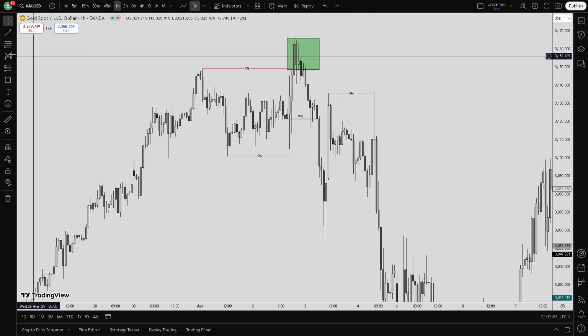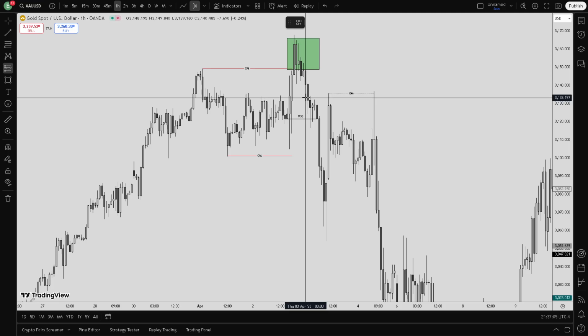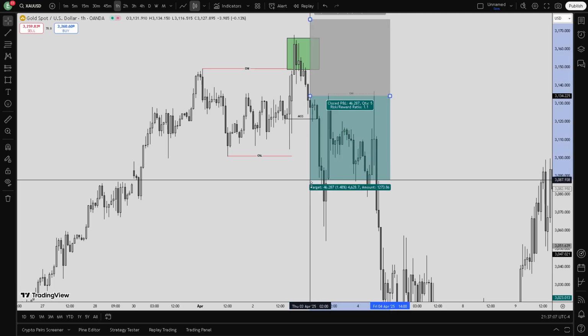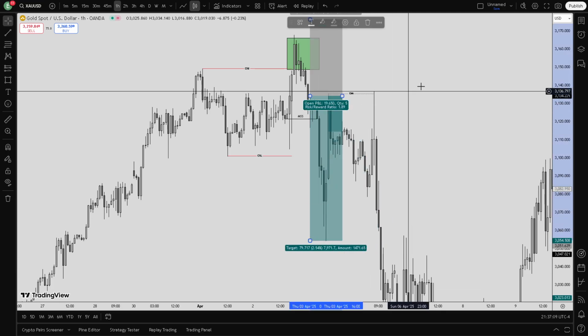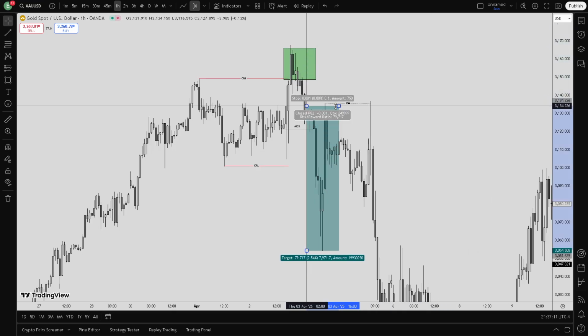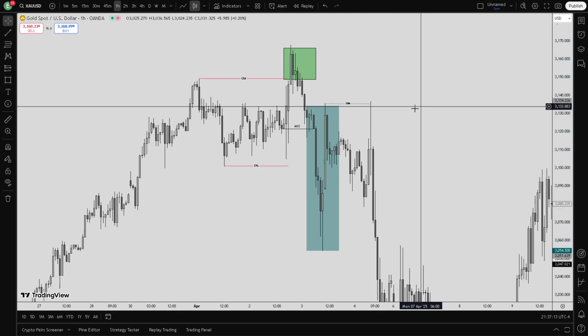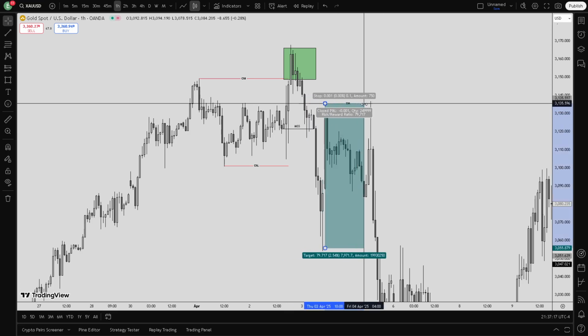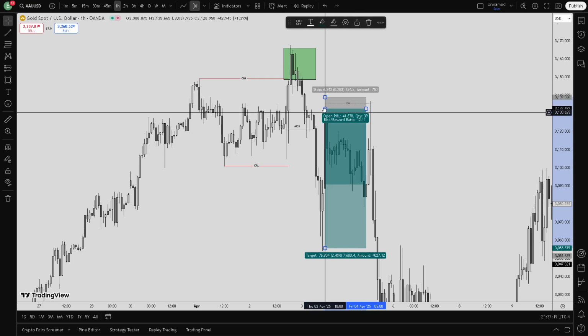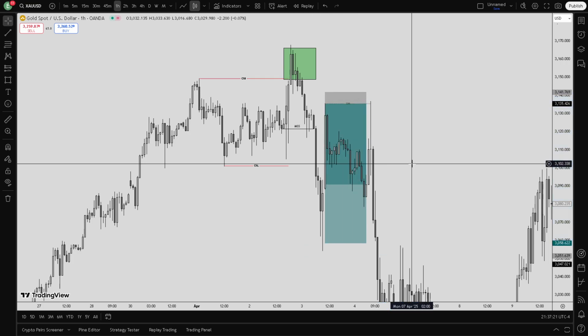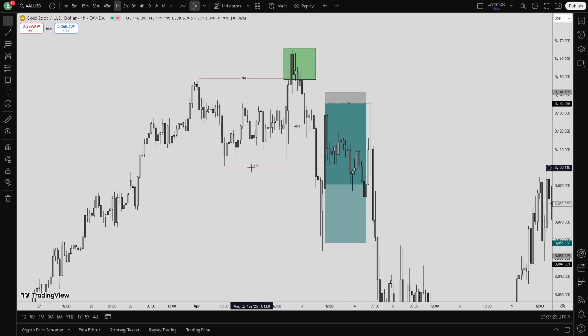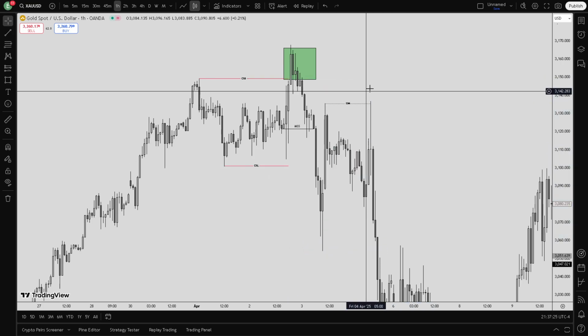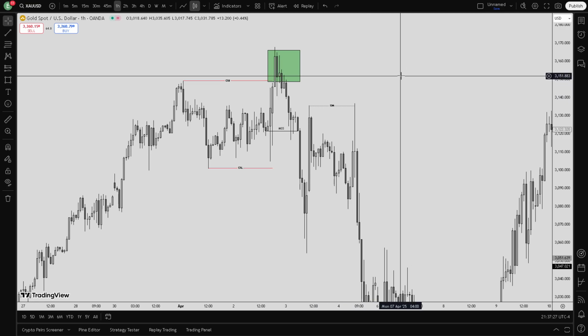That's a fake out because most of the traders will have entered inside of this fair value gap, seeing this momentum. They would have said, okay, I'm going to put break even. Let's say they entered there. What's happening? I got a nice momentum on the downside, I'm going to put my stop loss. The problem is that's called an IDM. That's a fake out to take out some traders.